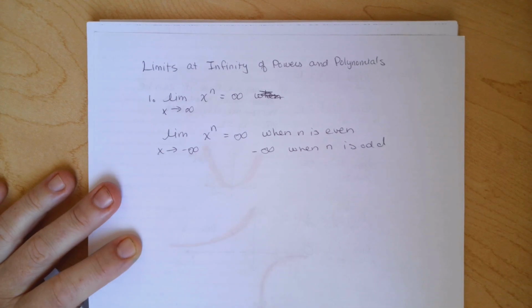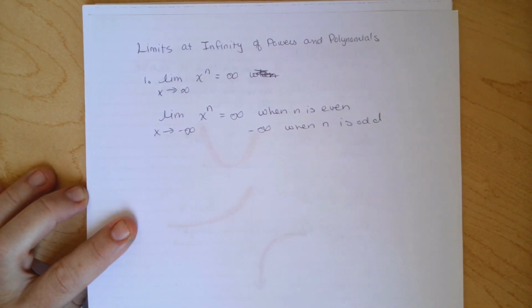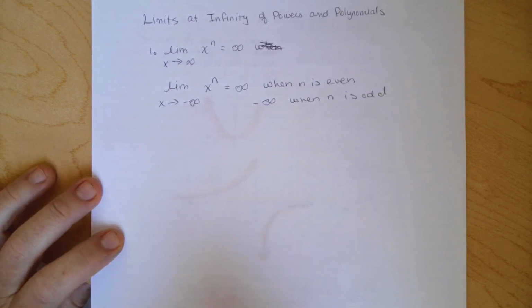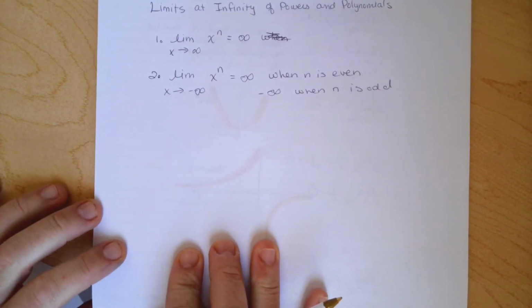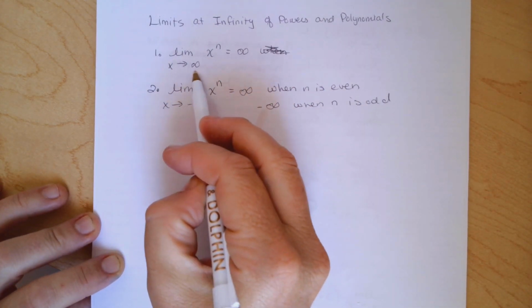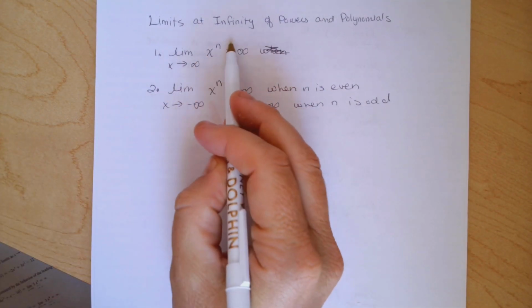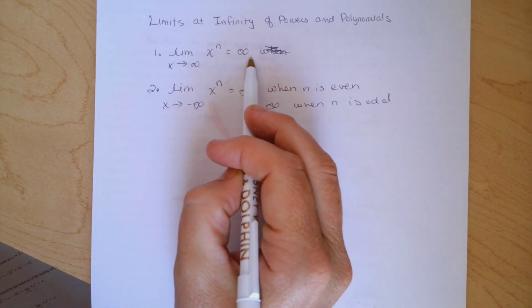I think I got that one. That's true. I like how they wrote that. I don't like how they split these up in the book, or they split them up a little differently, but that's fine. Just know, obviously, if we're going to a positive number, it doesn't matter if n is even or odd, you're still going to get a positive infinity out.